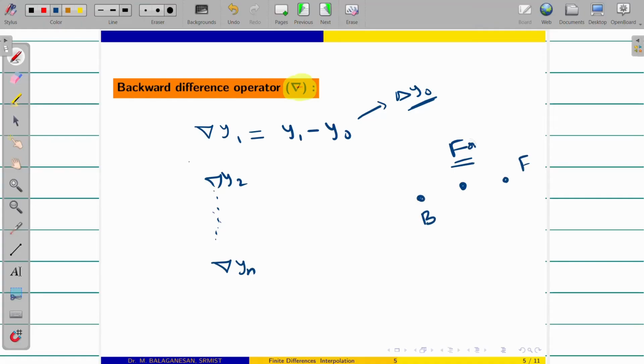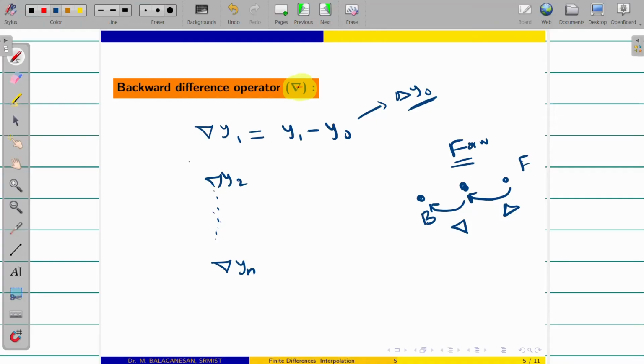So for the forward operator, it will be next value minus this value. This is delta. For the backward difference operator, how to define del? The current position value minus the previous value. It is going to be called del. This representation will help you understand the concept easily, I think.